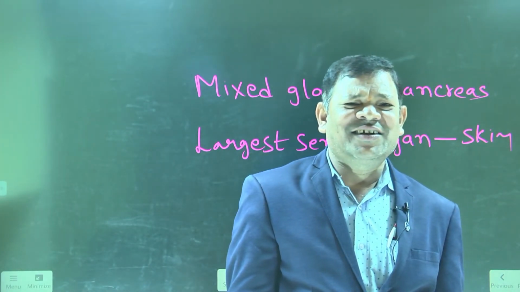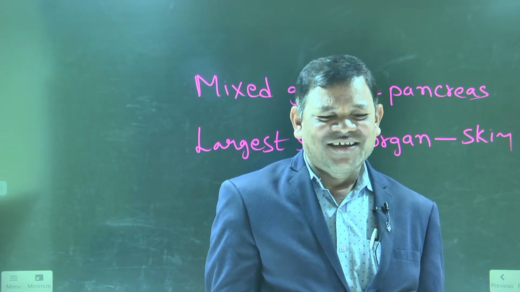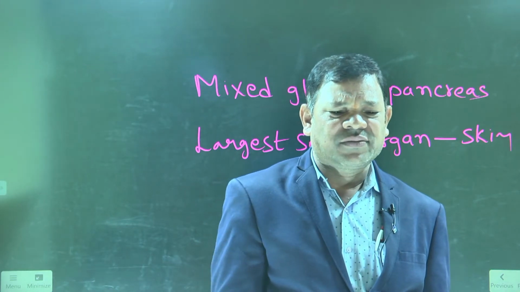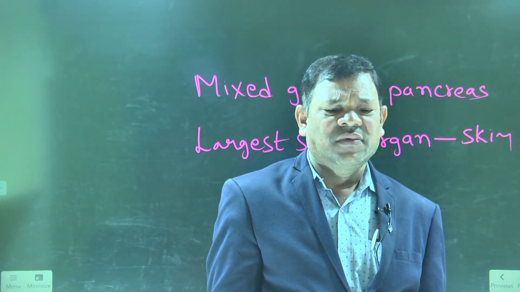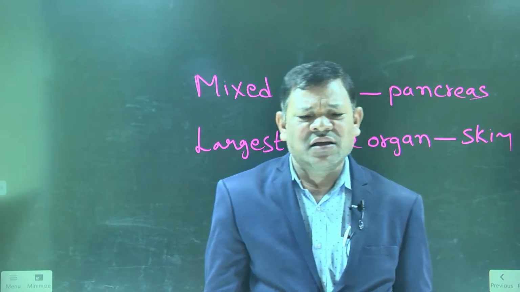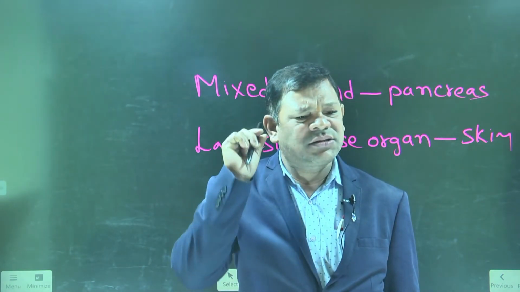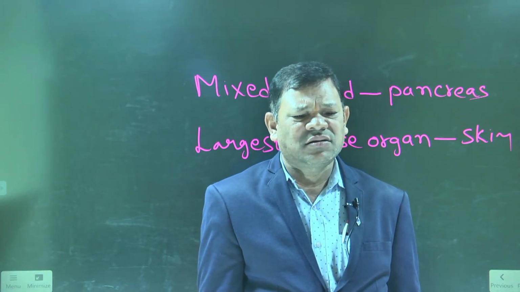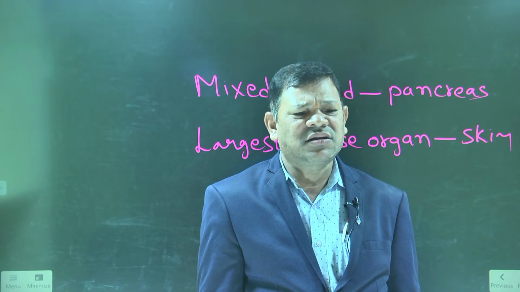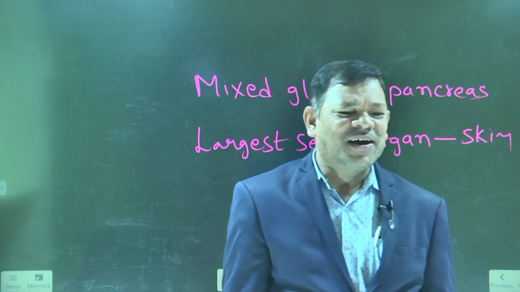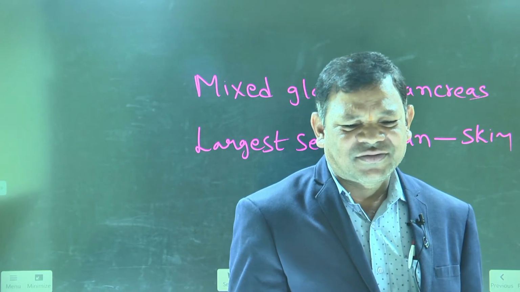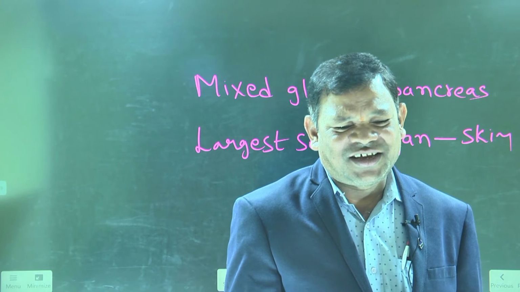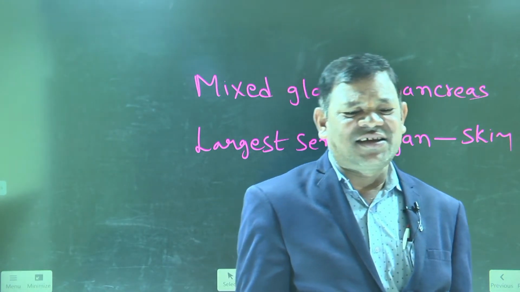Wow, what an excellent, extraordinary answer. How many sense organs do you have? Five sense organs: eyes, ears, nose, tongue, skin. You don't even know the sense organs? What is the largest sense organ?